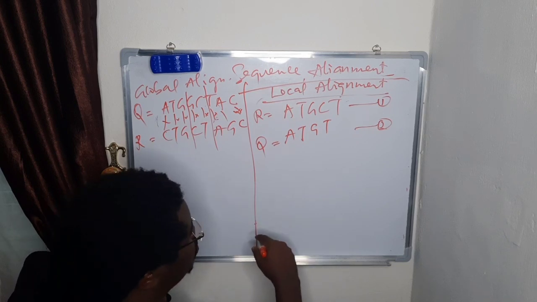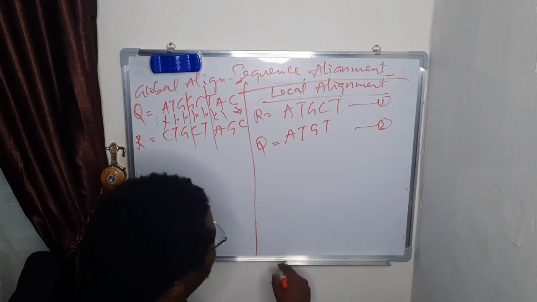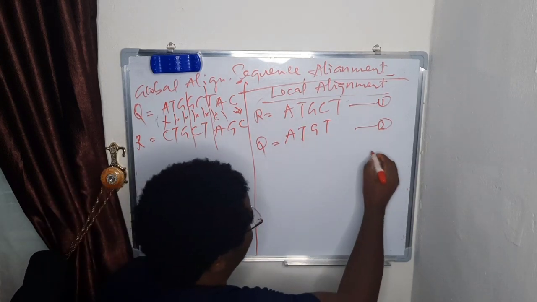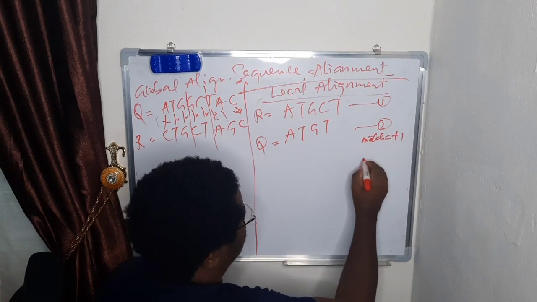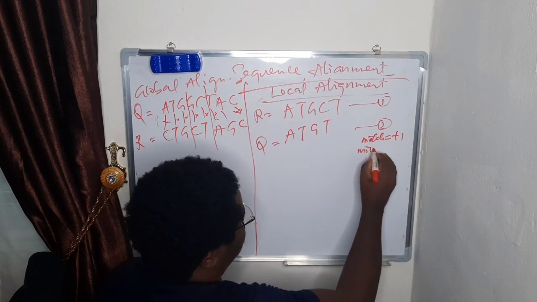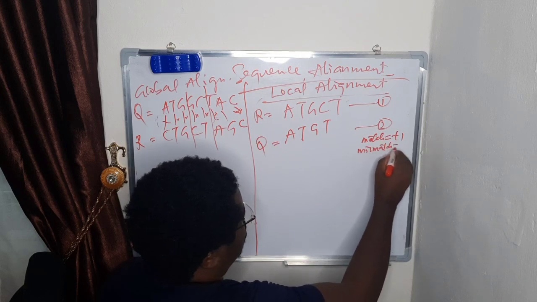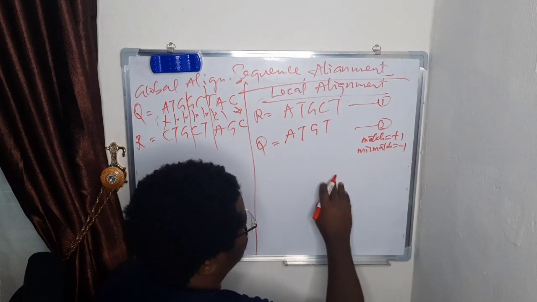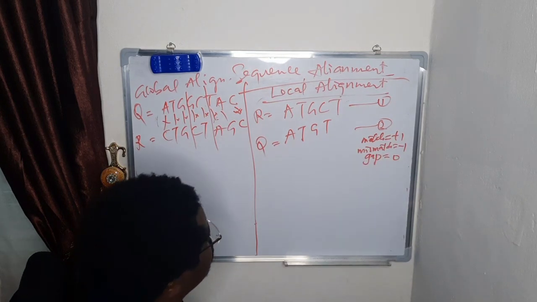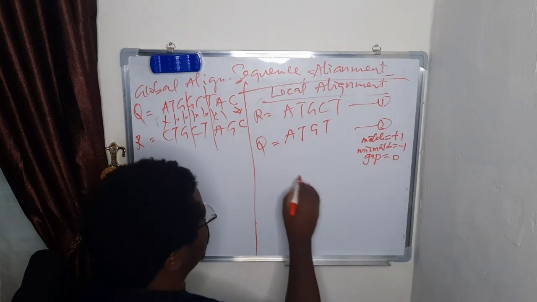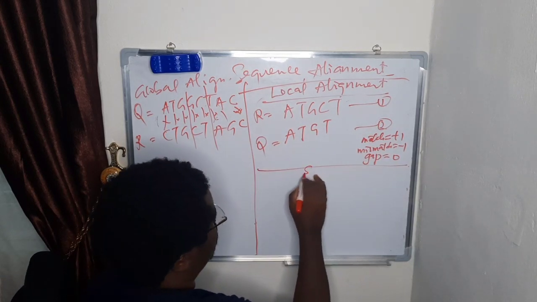Now in local alignment, you make use of scoring. We'll say for match, we have +1, mismatch, we have -1, then for gap, we'll have 0. So let's solve.